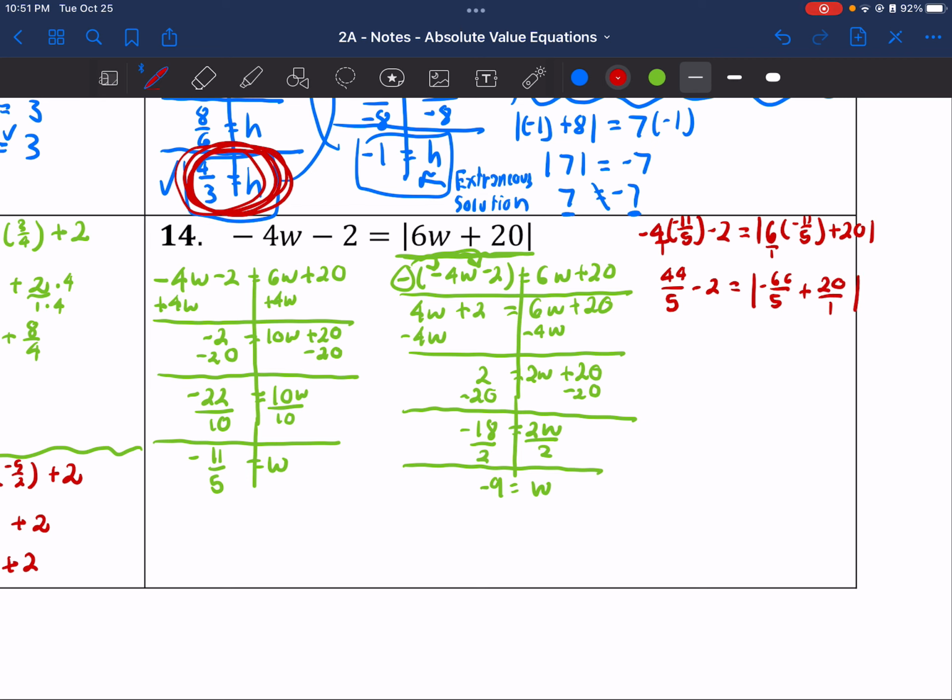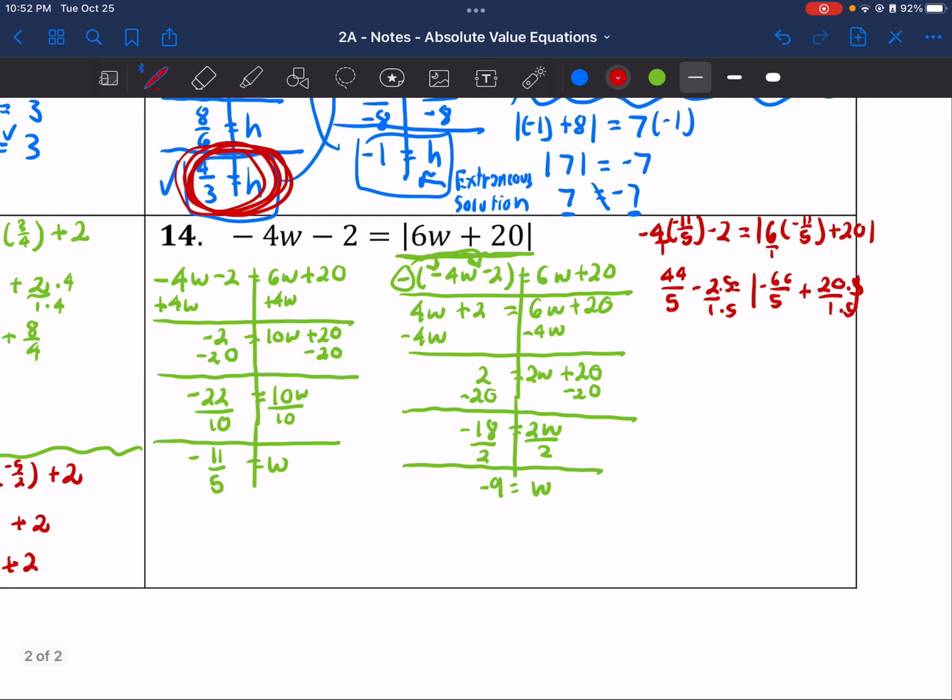We're going to now make these into fractions so that we can combine them. The common denominator between 5 and 1 is going to be 5, so we're going to multiply 5 onto both sides. And the common denominator between 5 and 1 here is also 5, so we're going to multiply 5 by 1 and 5 by 20.